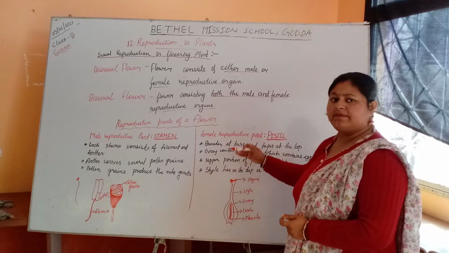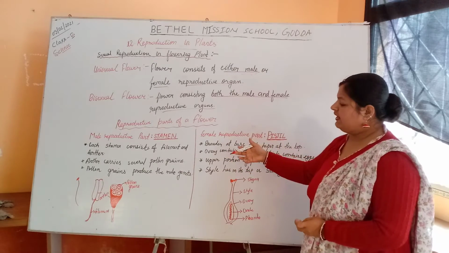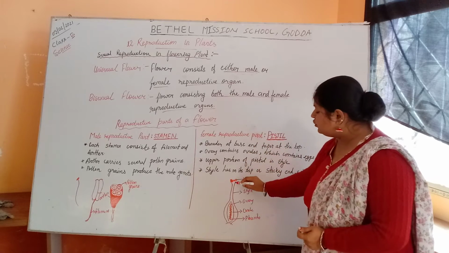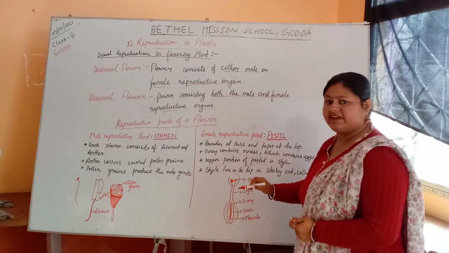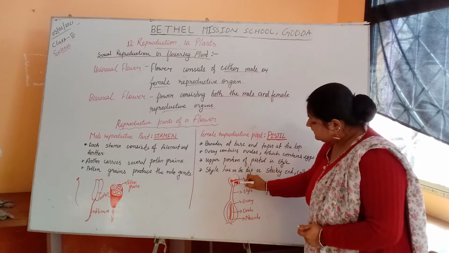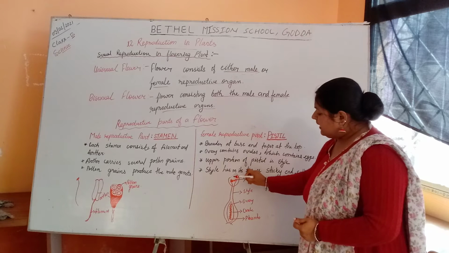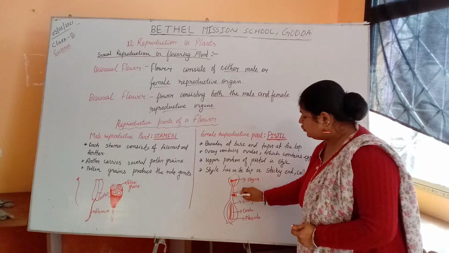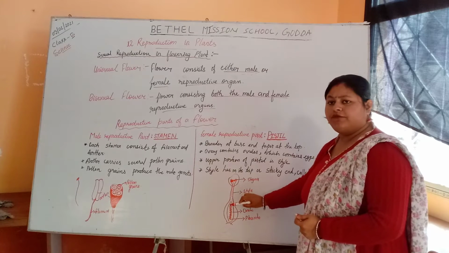Why is it sticky? Because it can attract and catch the pollen grain. That's why this part is very sticky in nature. When the stigma catches the pollen grain, it is transferred through the tube and comes to the ovule.